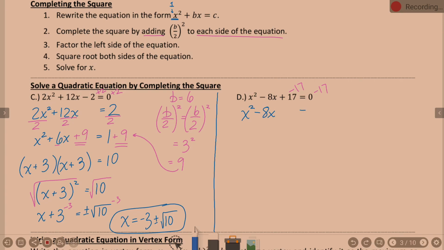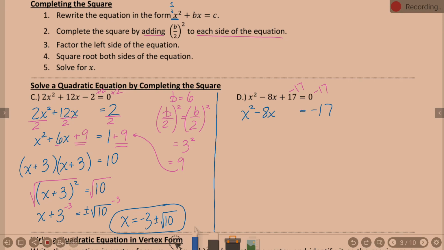And 0 minus 17 on the other side is negative 17. Notice I like to leave that gap, don't I? Okay. Anything else for step 1? I'm actually done this time, aren't I? Because it's already a 1x squared, I don't have to divide.